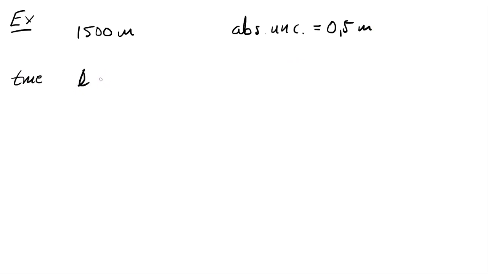Let's take an example. Let's say that you have a measured length of 1500 meters, and you have an absolute measurement uncertainty of 0.5 meters of measurement error. That means that the true length, let's call it L, is 1500 meters plus minus 0.5 meters.